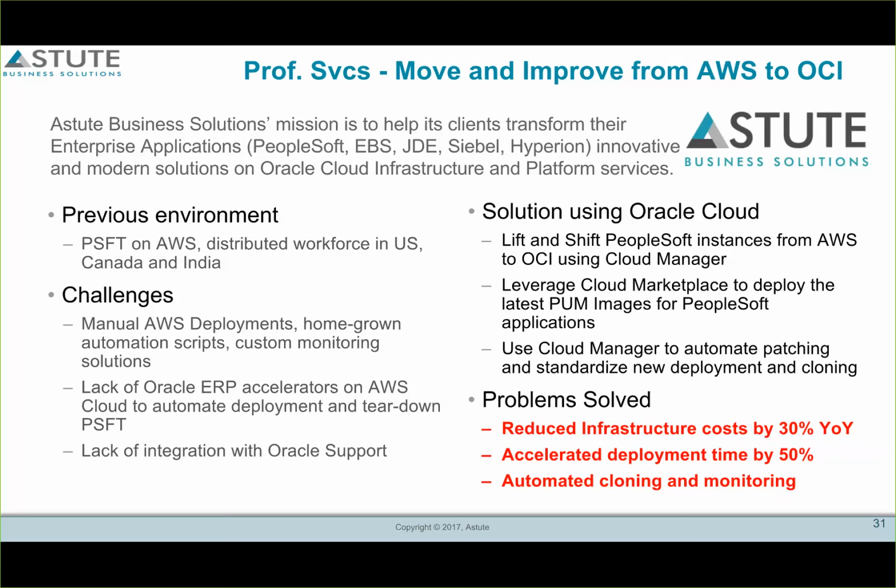So huge savings for us, and the ability to use tools like Cloud Manager and the automation capabilities in Oracle Cloud infrastructure to further reduce our ongoing costs for running all these applications on Oracle Cloud.